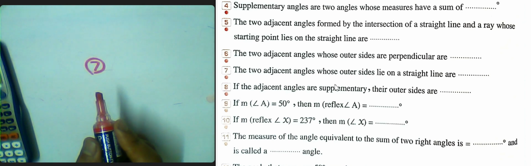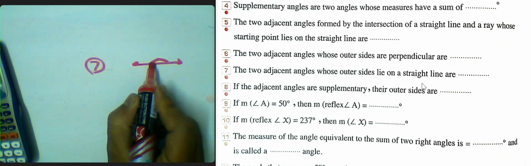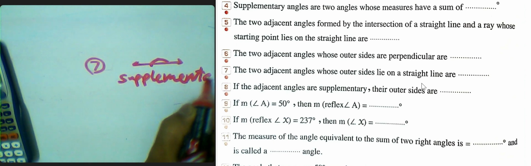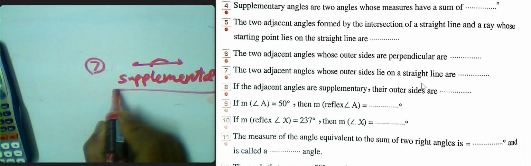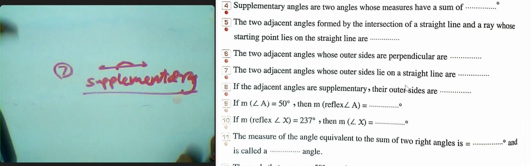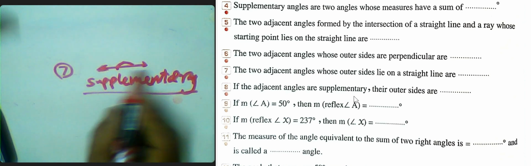Question number 7: the two adjacent angles whose outer sides lie on a straight line, we call supplementary angles. That was question 7, because the outer sides are on the same straight line.